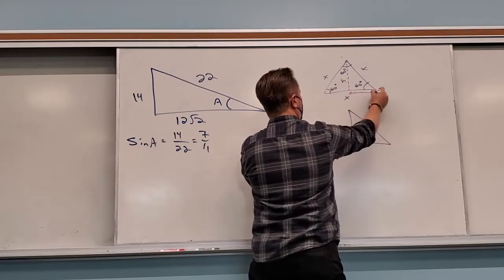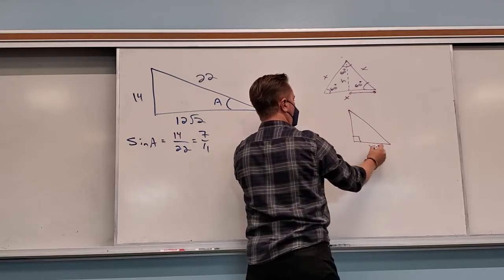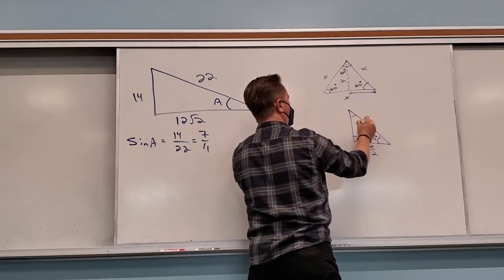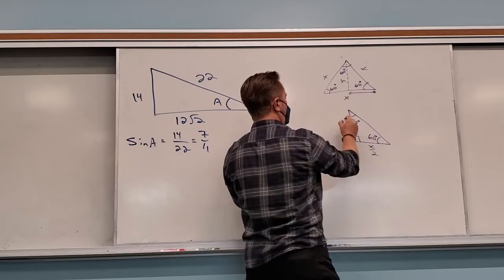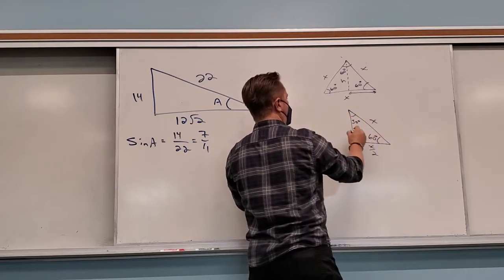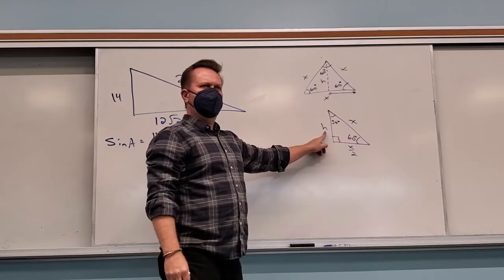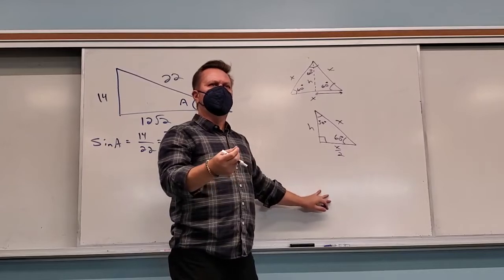How long is this side here? x over 2. This is still 60. How big is this angle here? 30. And this is x. This is h. Can you figure out what that height is? Remember, we did this before. Wouldn't that just be the Pythagorean theorem?